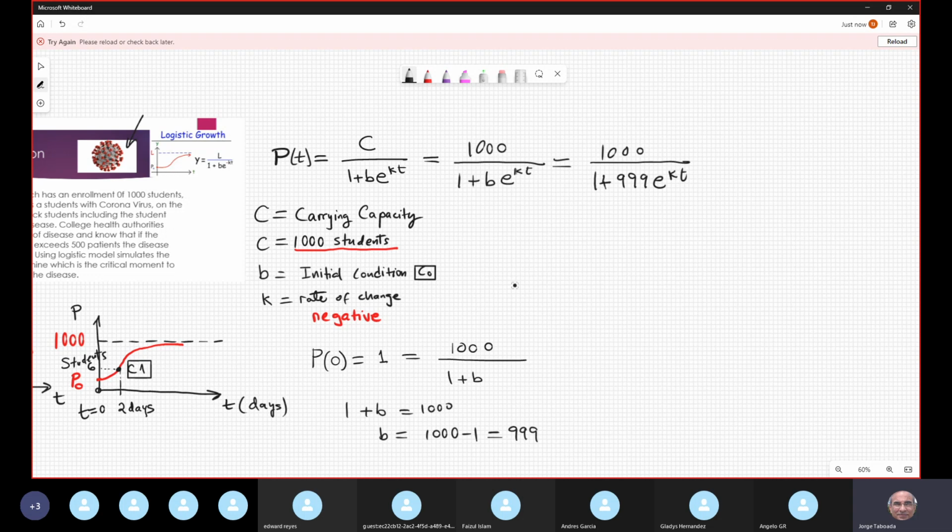So now for condition 1, the population infected is 6, equals 1,000 over 1 plus 999 e to the k multiplied by 2, which is the time, 2k. So the only unknown that we have is k. Okay, let's do it. You apply cross multiplication or not.